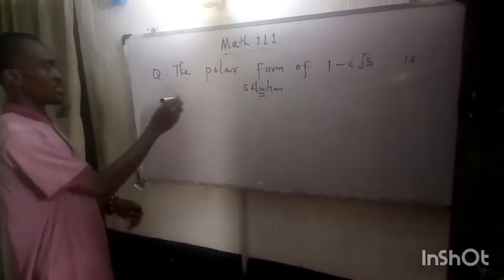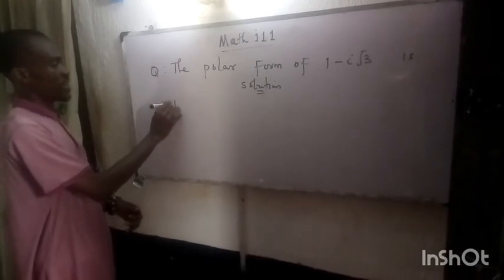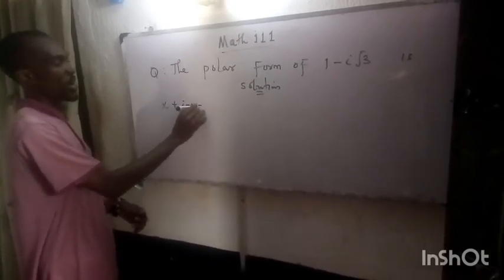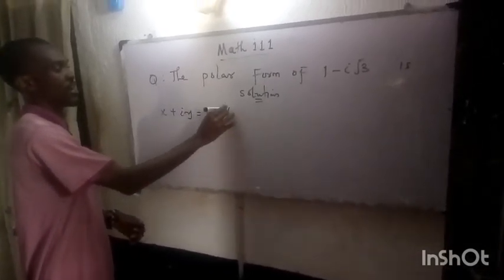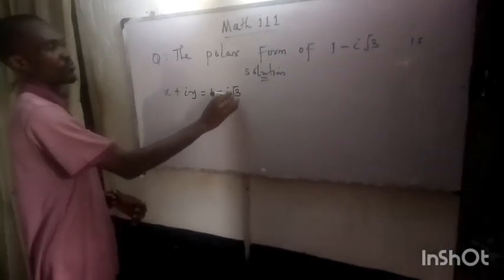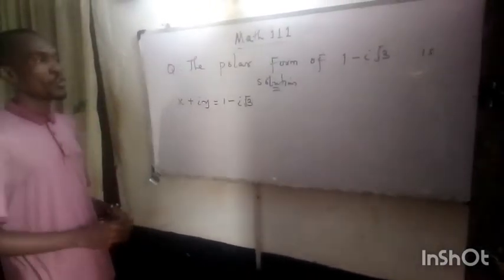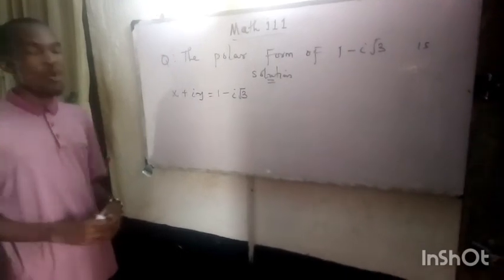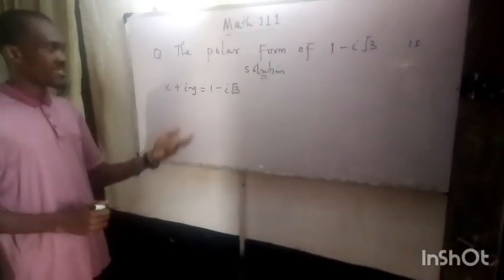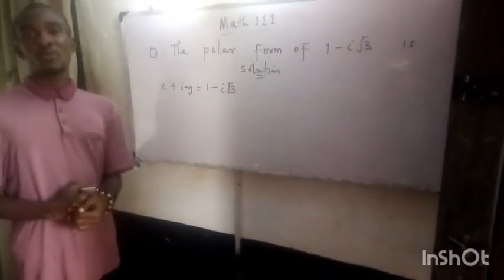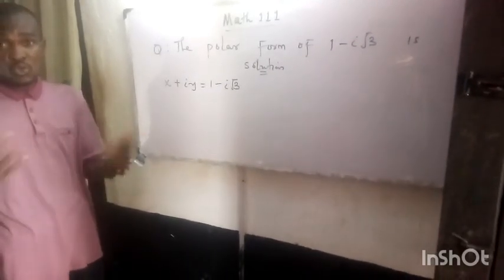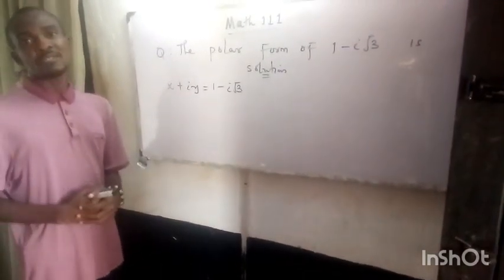That particular form is x plus iy, which is 1 minus i root 3.